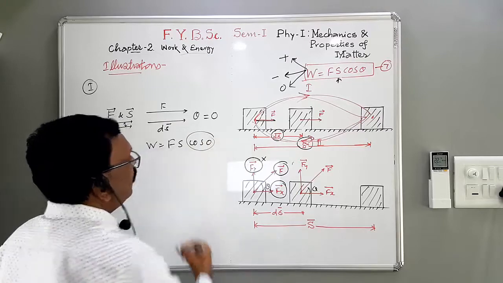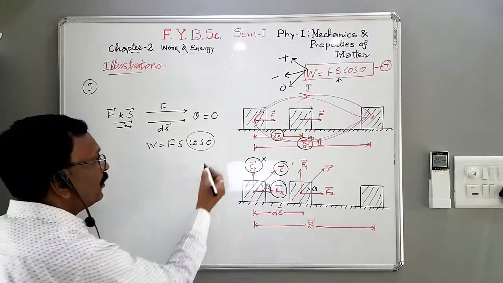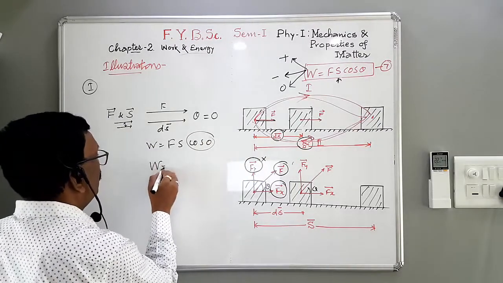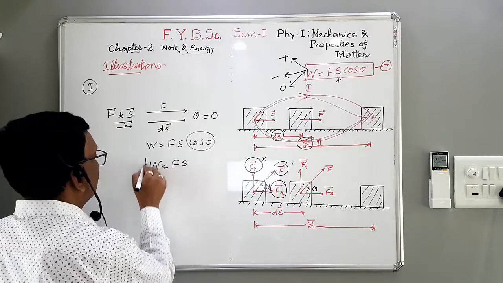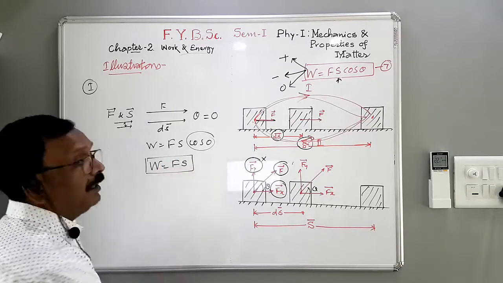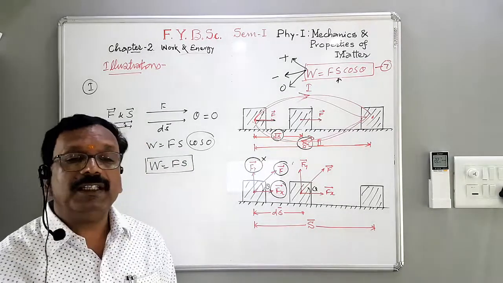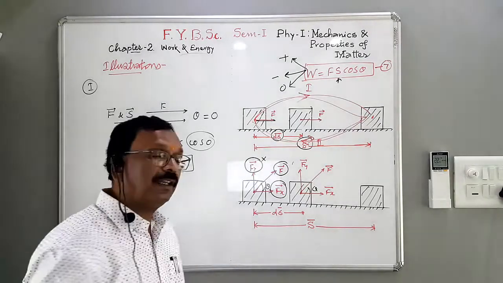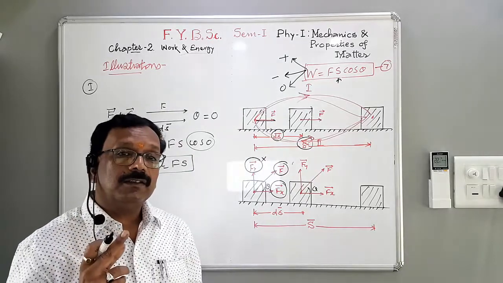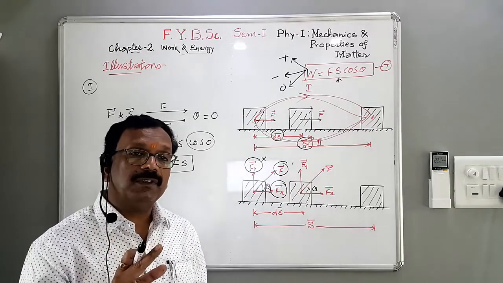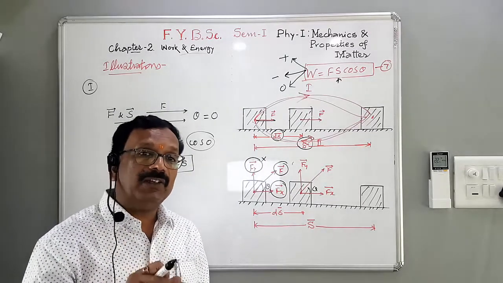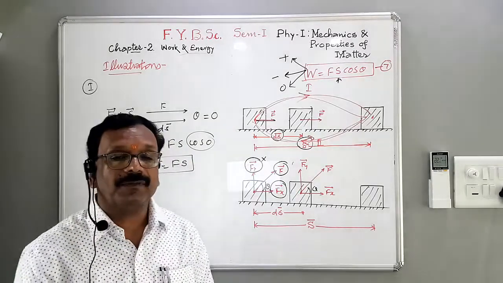And we know the value of cos 0 is equal to 1, therefore W is equal to F S. Here the work done by the constant force acting on the body is positive.